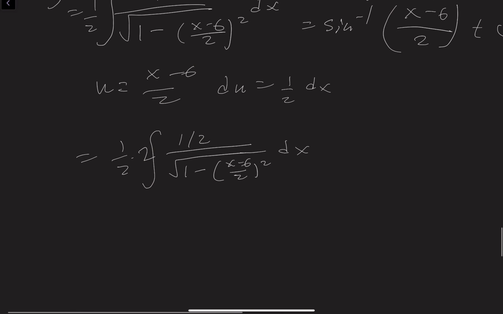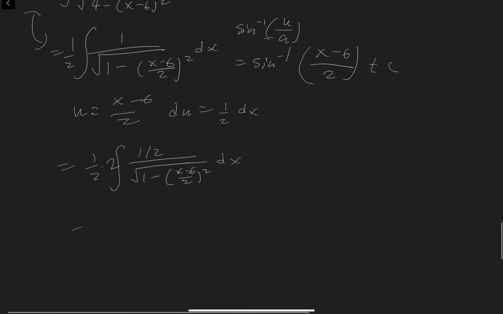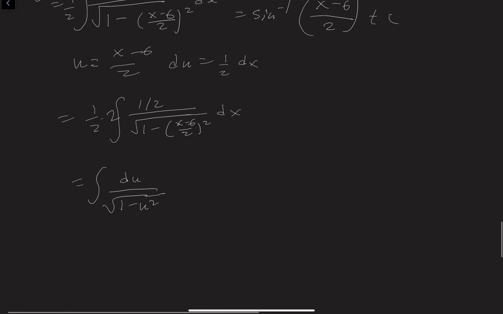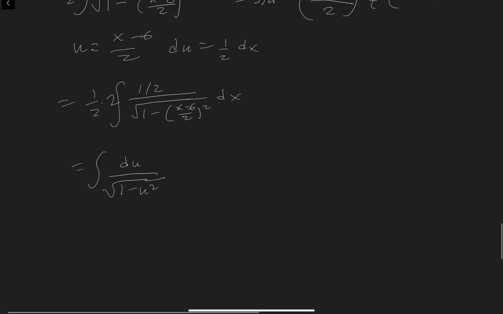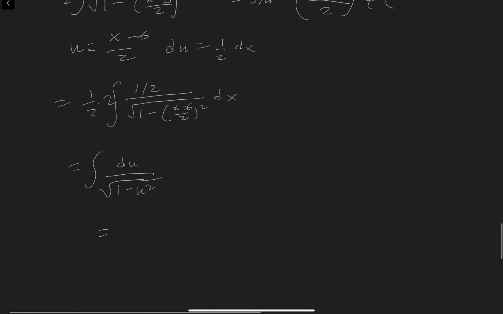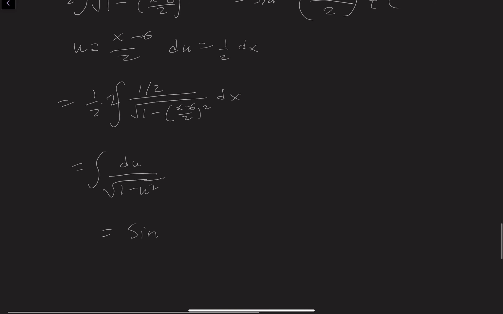So now we can substitute these u's. That's equal to the indefinite integral of du over square root of 1 minus u squared. And this is the arc sine. So that's equal to arc sine of u.